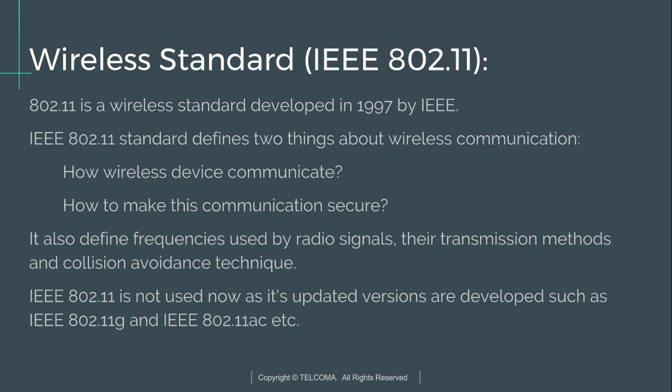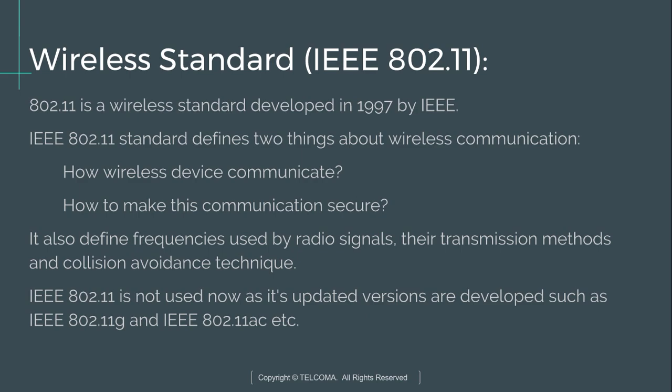So let's start with the wireless standard, IEEE 802.11. As discussed earlier, it was designed by IEEE in 1997. The main purpose of designing this standard is to define wireless communication: how wireless devices communicate, by using which frequencies they communicate with each other, and how to add security to the wireless communication.